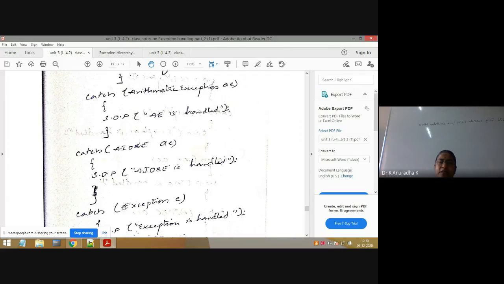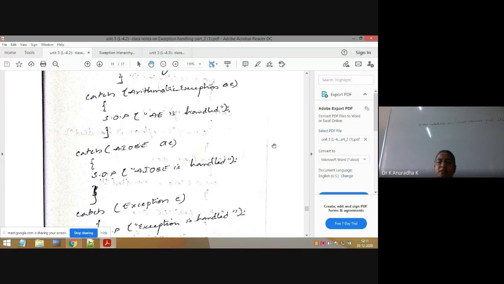So in place of Exception, you can write either Exception or RuntimeException. Correct? You try in the lab. Because Exception, then RuntimeException, then NullPointerException. So what are the superclasses of NullPointerException?